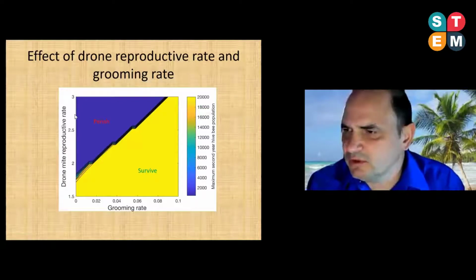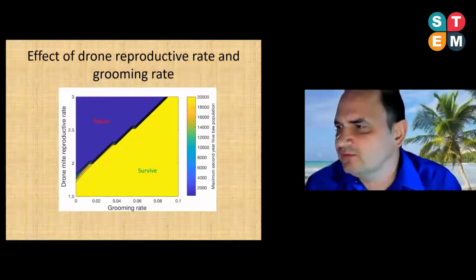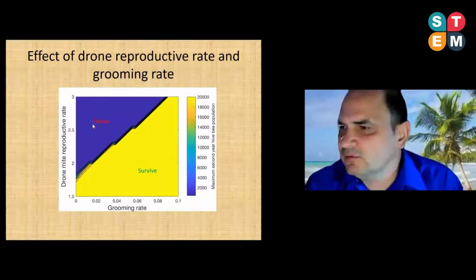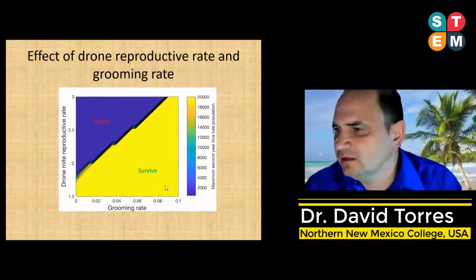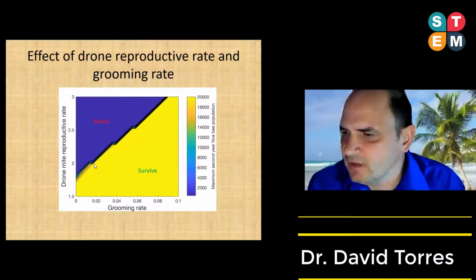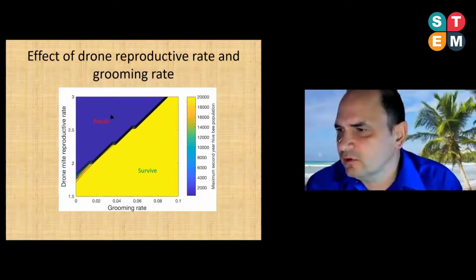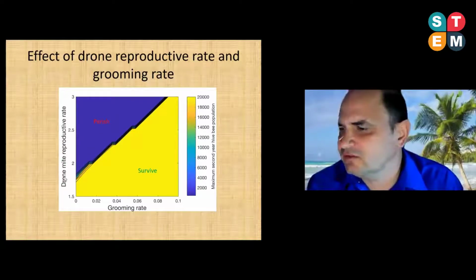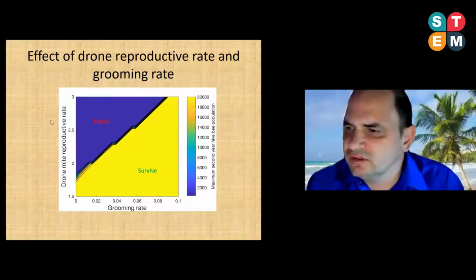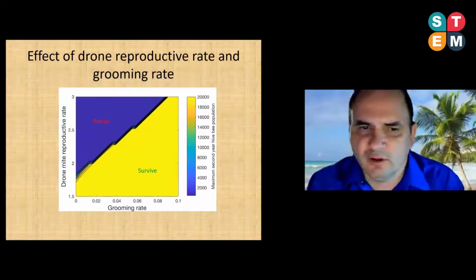If you increase the reproductive rates in the drone, that can make the difference between whether the colony survives and whether the colony perishes. So here I'm plotting as a color contour the maximum second-year honeybee hive population. And there's a sharp line between survival and whether the colony perishes. And some farmers actually remove the drones to improve the survivability of the honeybee colony.